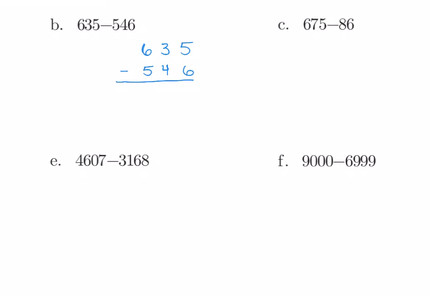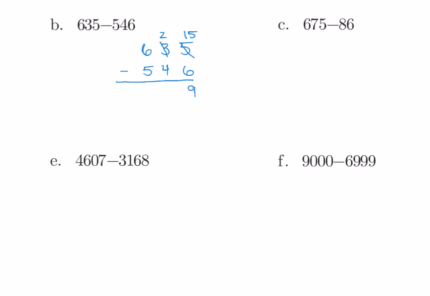The answer is no. So we do need to borrow. I'm going to take 1 away from the 3 and make it a 2. I'm going to add 10 onto 5 and make it a 15. Now I can do 15 minus 6. 15 minus 6 is 9.